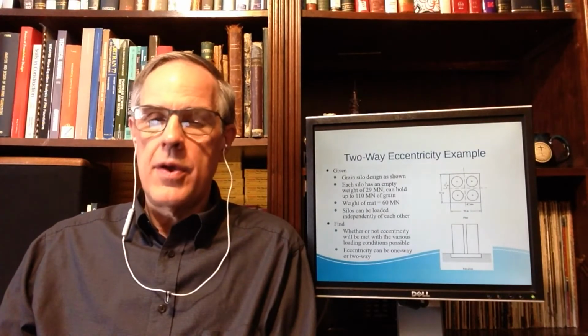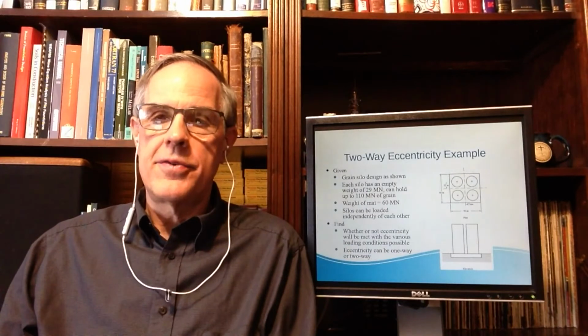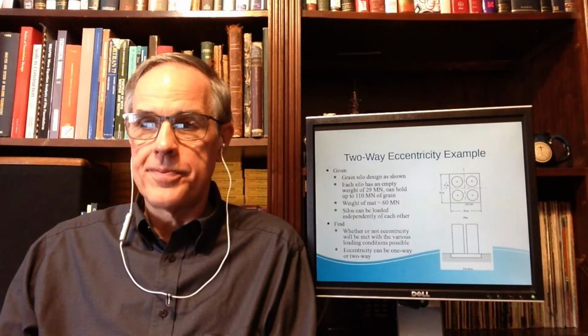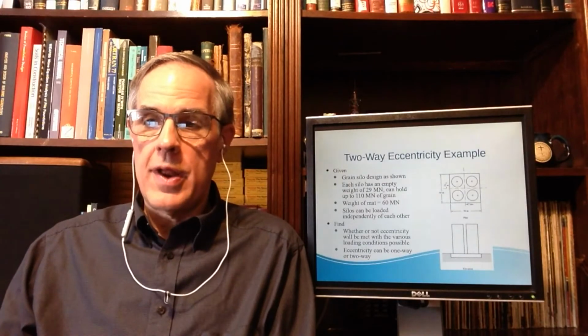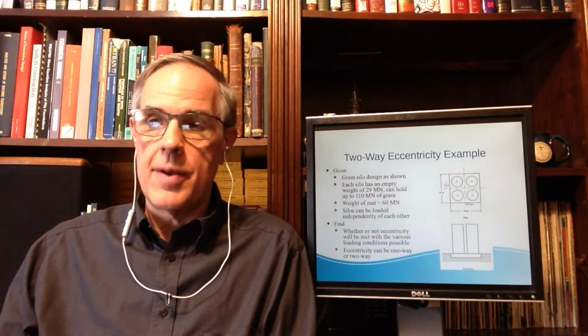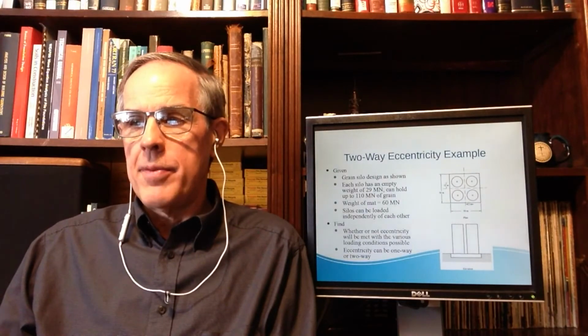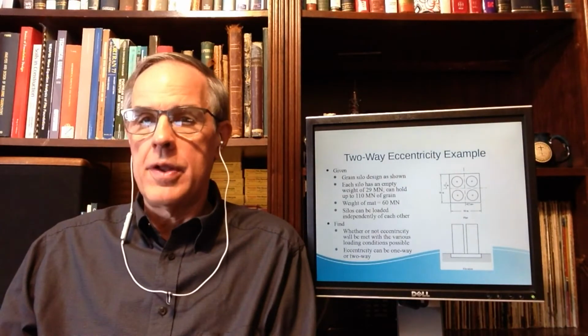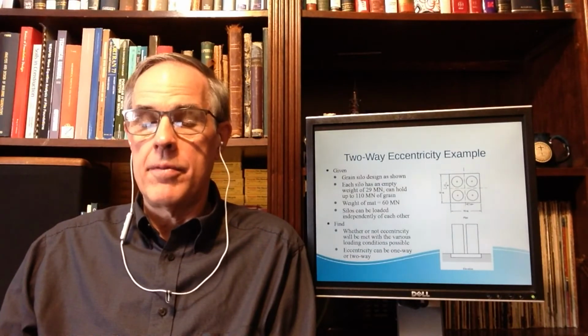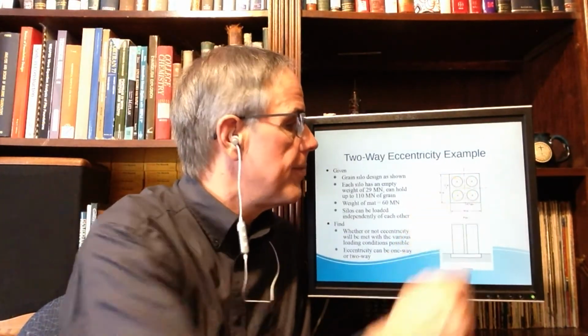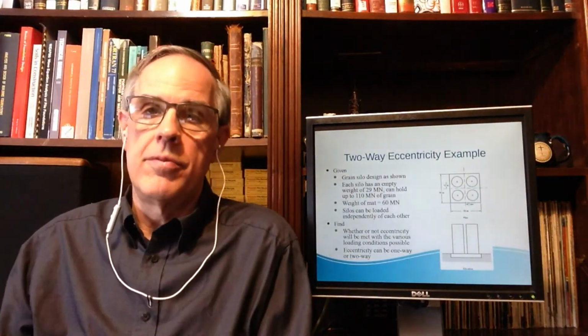Basically you're trying to outsmart their ability to load the foundation, to find out whether eccentricity arises with the various load combinations possible. We can eliminate a couple of load cases right off the bat, and that is if they've loaded these two silos or these two, in other words, opposite corners.